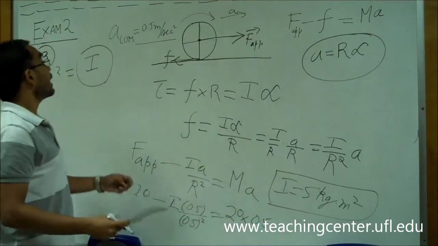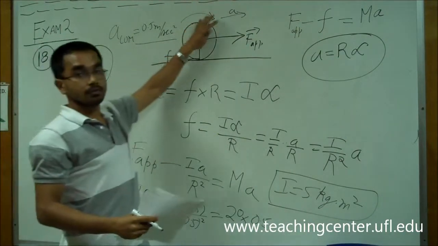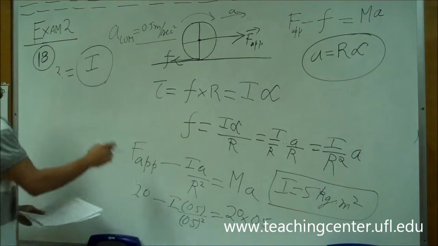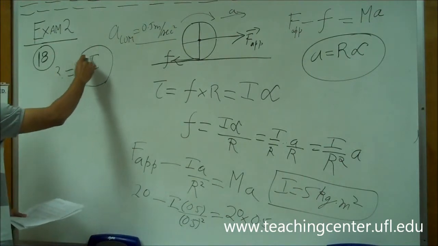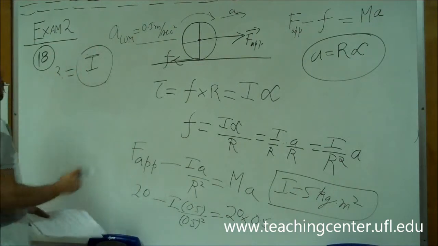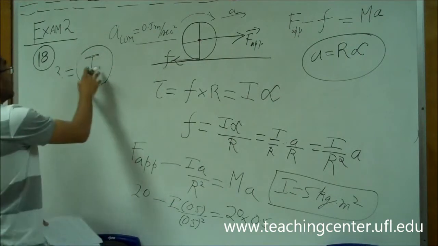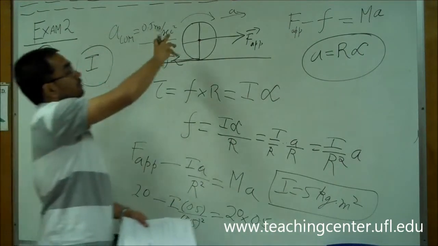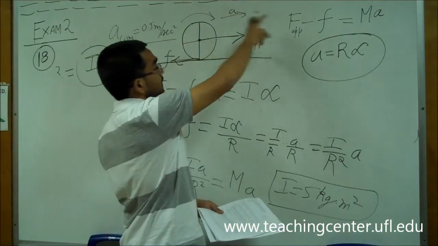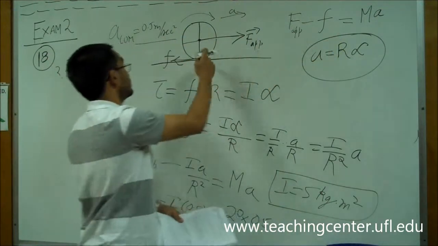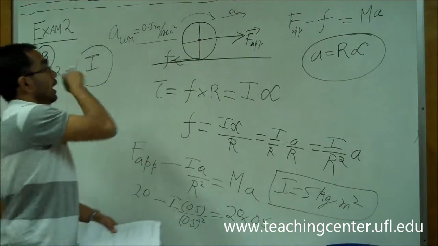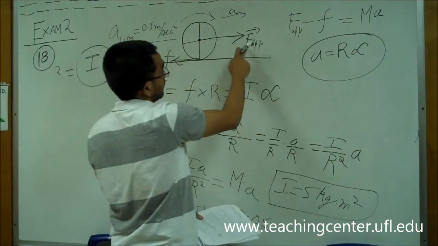So doing a quick recap, we have a wheel and we don't know how the wheel is configured, so we cannot calculate directly what the moment of inertia for this wheel is. That's our unknown. We have a wheel which is rolling in that direction. There's friction acting in the opposite direction, and there's an applied force F_app.